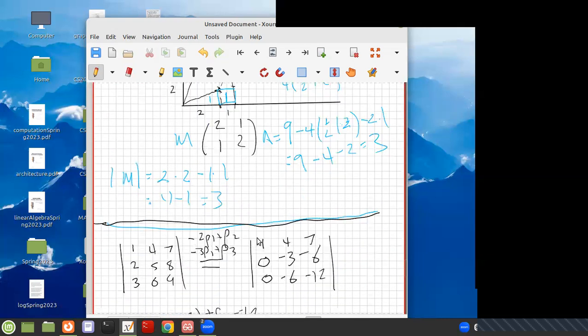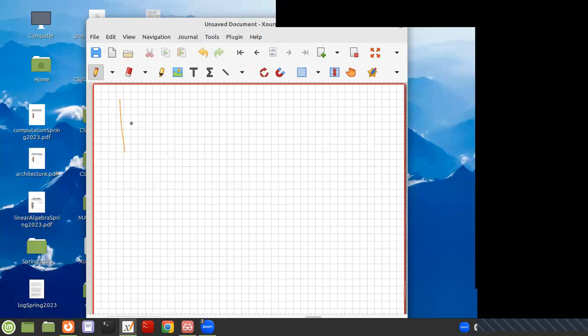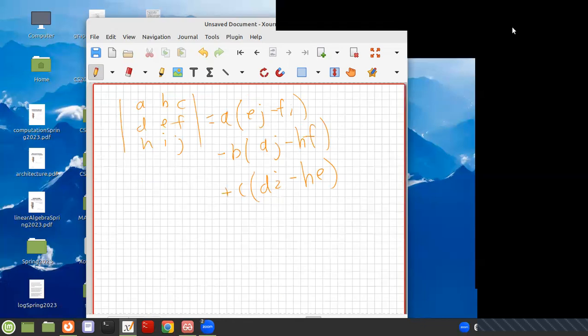You could also write out the formula for the 3 by 3 with entries A, B, C, D, E, F, H, I, J as A times (E J minus F I), minus B times (D J minus H F), plus C times (D I minus H E).